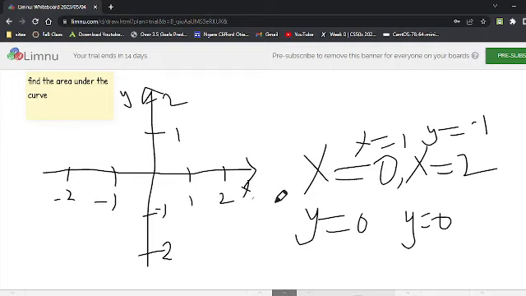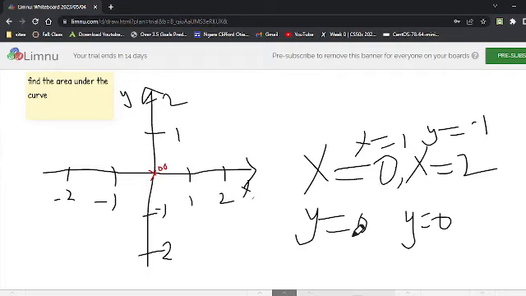Now we are going to plot x and y. When x is 0, y is 0.